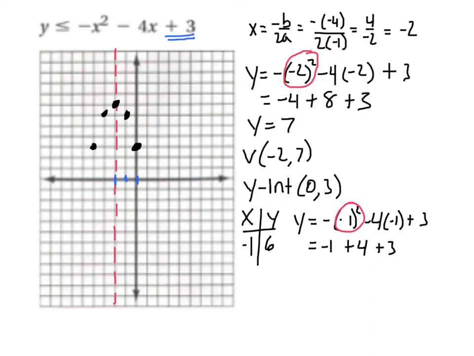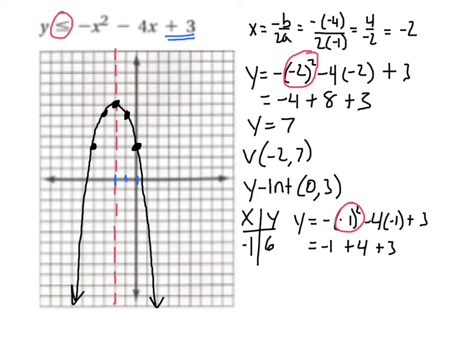And are we graphing this parabola with a solid line or a dashed line? Solid. Remember, it's solid because this is less than or equal to. The or equal to part makes it solid. All right, so now we got to pick a test point. 1, 1.